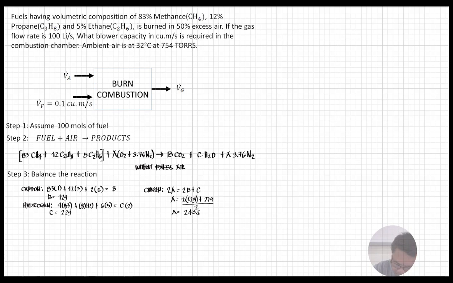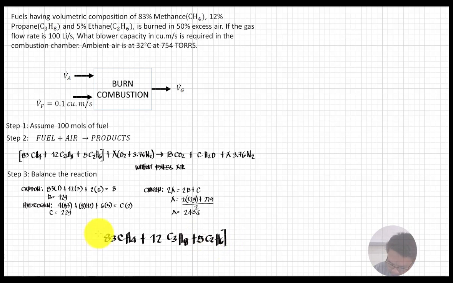Now we can finally rewrite our air fuel ratio equation, substituting the values we got from here. So we have 83 CH4, then 12 C3H8, then plus 5 C2H6.